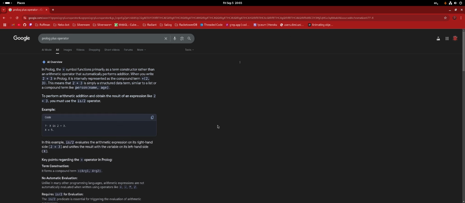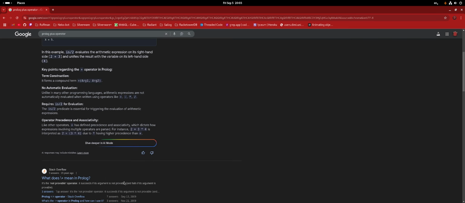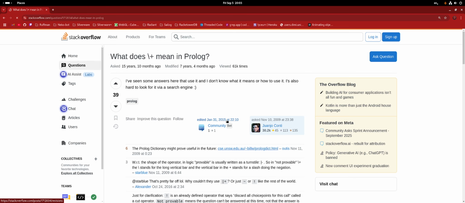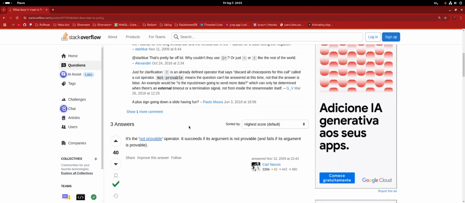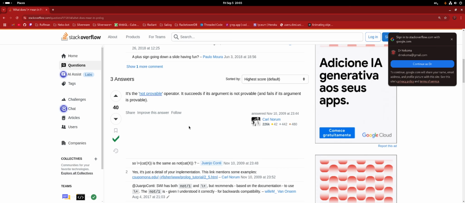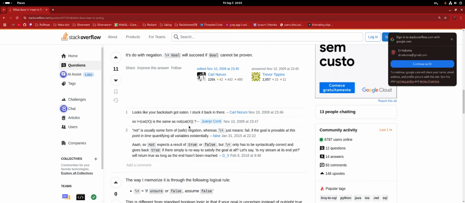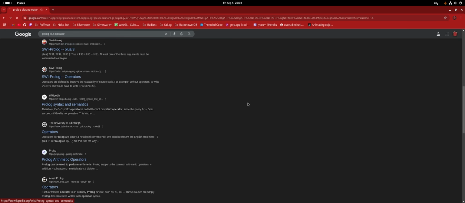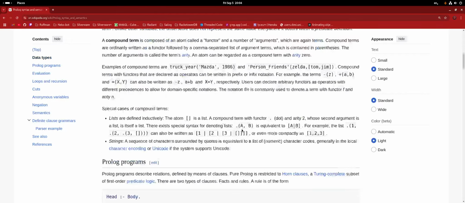Okay, there we go. X is... Prolog syntax and semantics.